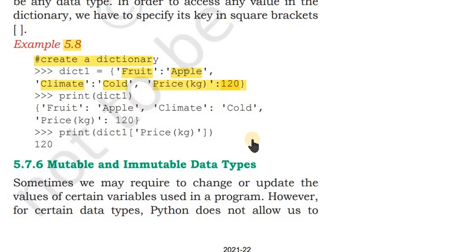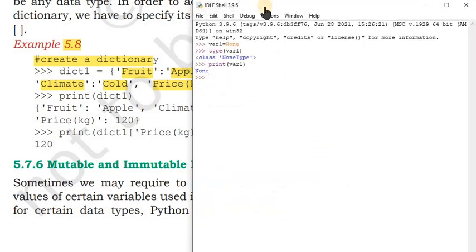So let's move to Python IDLE and let's write the program and run. Here we are going to create a dictionary. So our dictionary is dic1. How will we assign the value? By the assignment operator. A dictionary starts with curly braces.